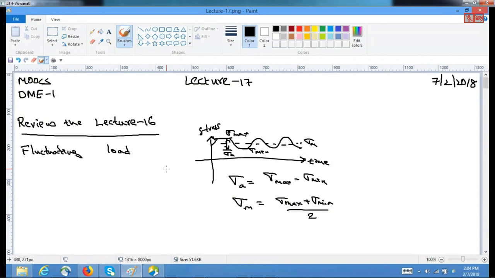This is quite an important thing, because most of the components that we design on the mechanical side, we want them to endure several working cycles.